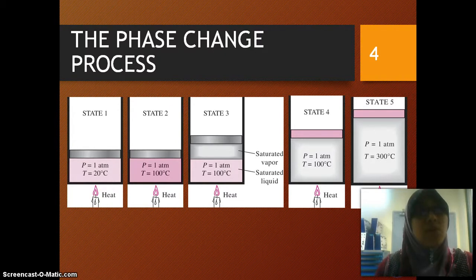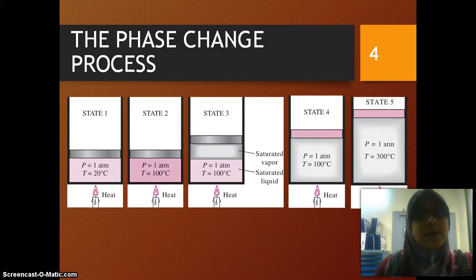The piston will move slightly. However, the pressure will still remain at 1 atm since the process depends on the outside barometric pressure and the weight of the piston, which both are constant. So that means at this state, the water is still a compressed liquid.